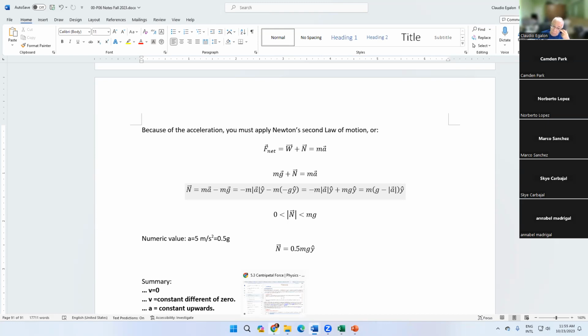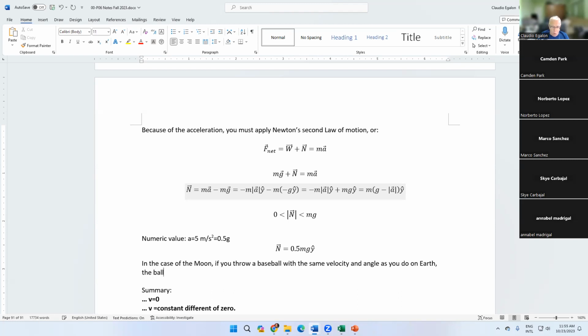But go ahead. Okay, so in the case of the moon, I'm going to spell that out here. If you throw a baseball with the same velocity and angle as you do on Earth, the projectile will fly further and higher.